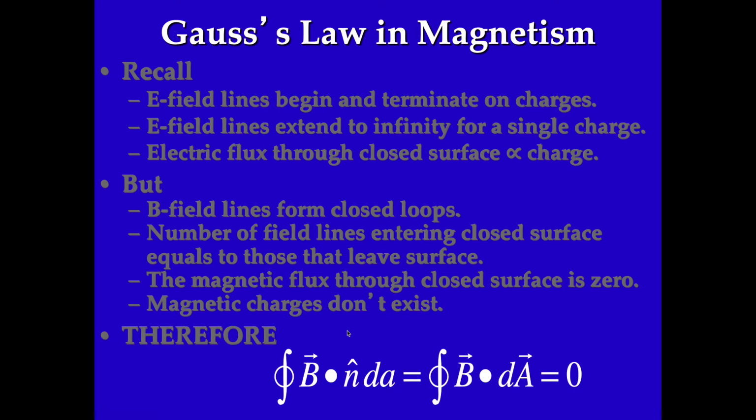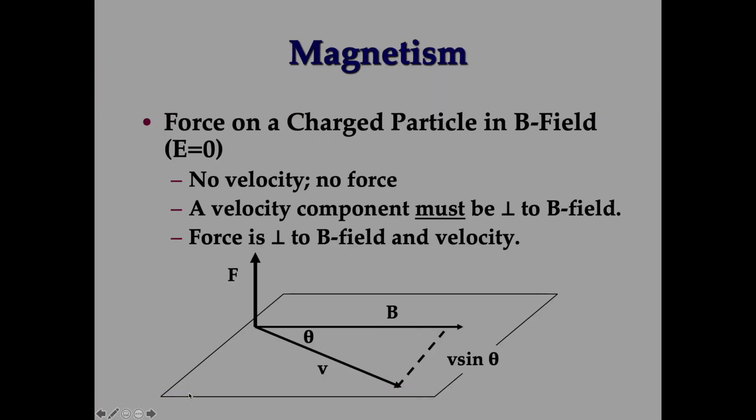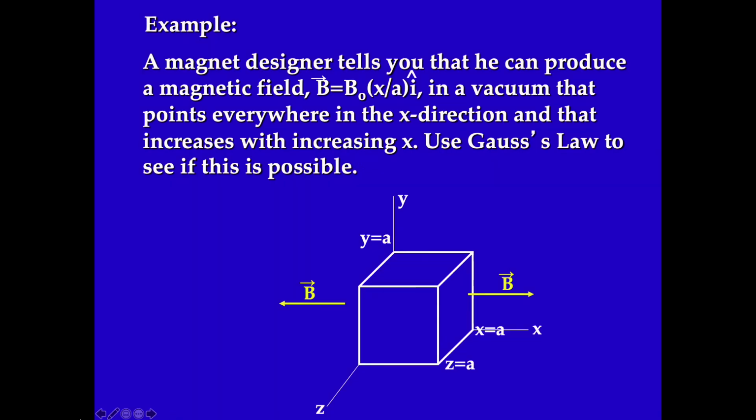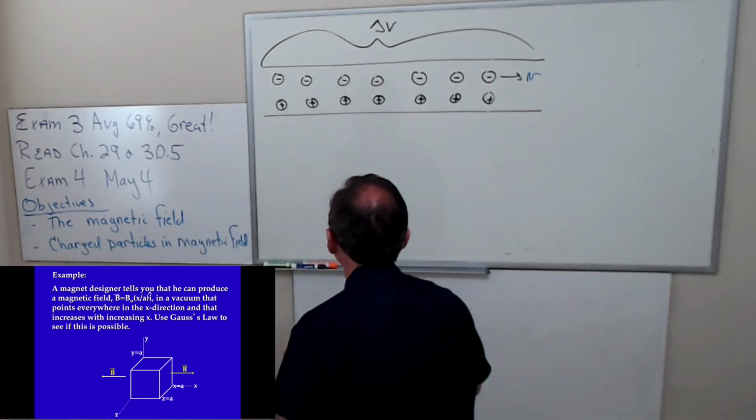So the integral of the magnetic field around a closed surface is 0. There's no magnetic charges. That's Gauss's law for magnetism. I should say this because we're moving towards a very important idea at the end of the semester.